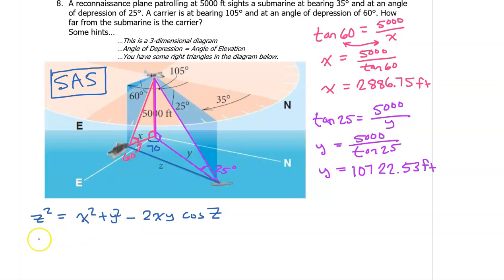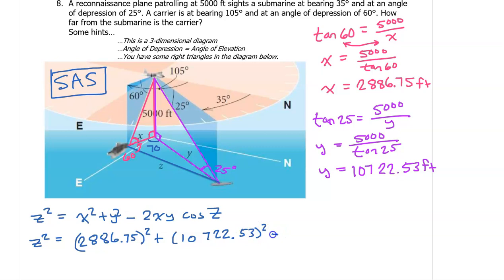So let's substitute in what we know. So we're going to have z squared is equal to, well, x is 2,886.75. So that's going to be squared. And then y is 10,722.53.